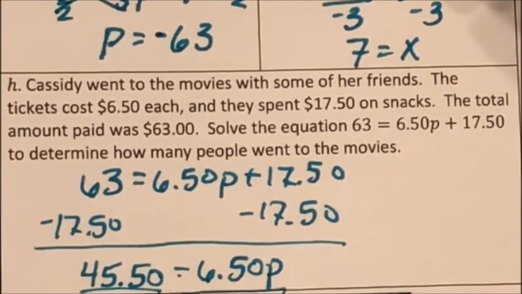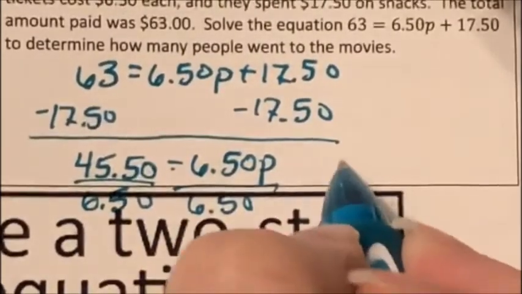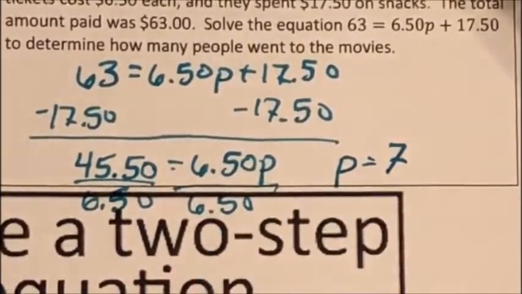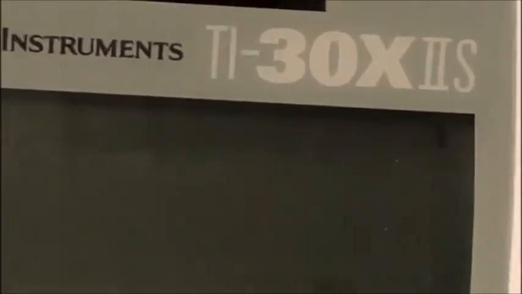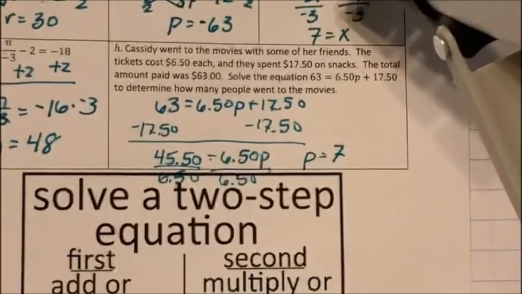And that gives me, so p equals 7. 45.50 divided by 6.50. Okay, can you do it on the calculator? Gives me 7. Okay, and that is the end of lesson 2.